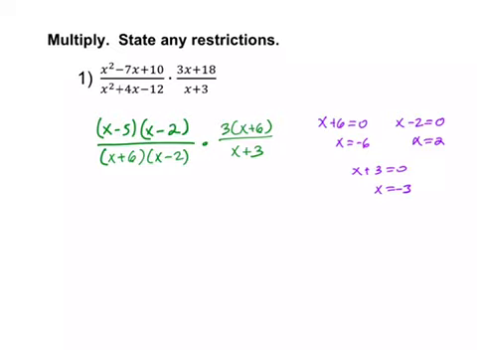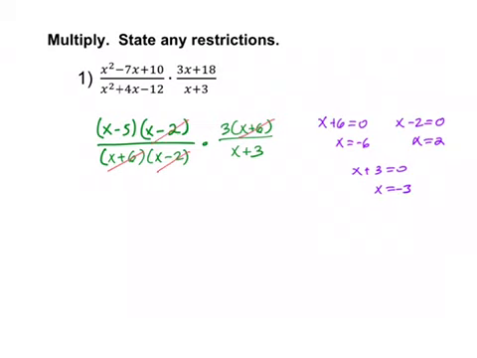So now I can cancel and simplify anything that I can simplify. I can either simplify within the same fraction or I can cross simplify, right? I can never simplify within the same fraction, right? I cannot simplify on top and on the bottom. So in this case, I can cancel out this x plus 6, and I can cancel out this x minus 2.